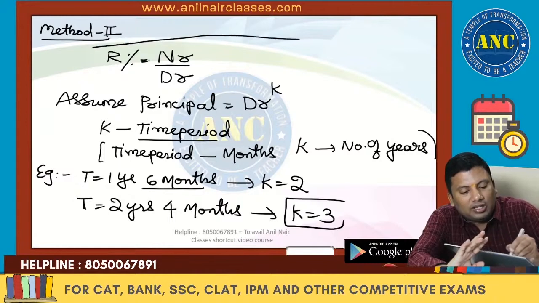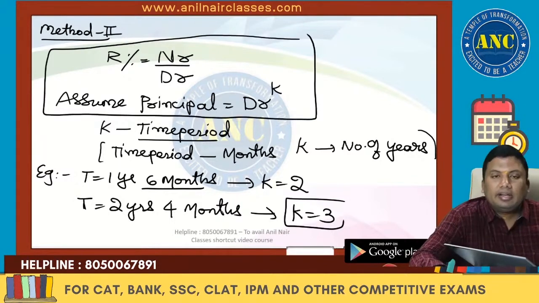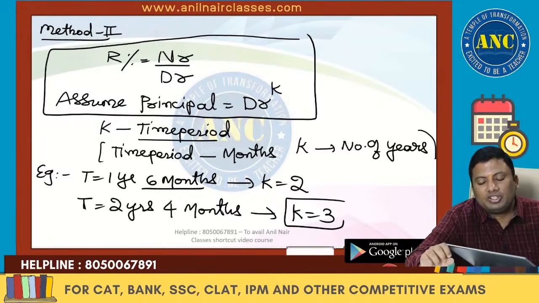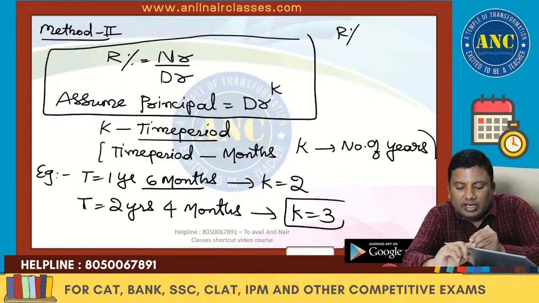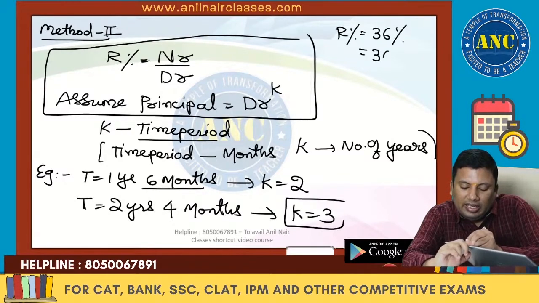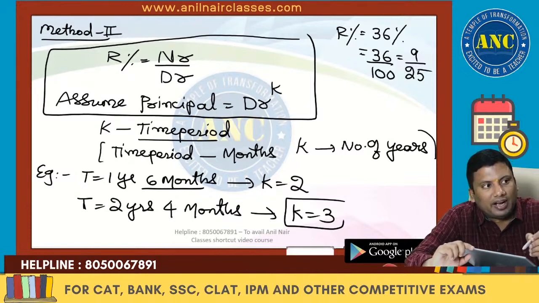If R percentage is numerator by denominator, assume principal equivalent to denominator power k. If R percentage is 36 percentage, it is 36 by 100, which is 9 by 25. Every percentage can be converted into a fraction.